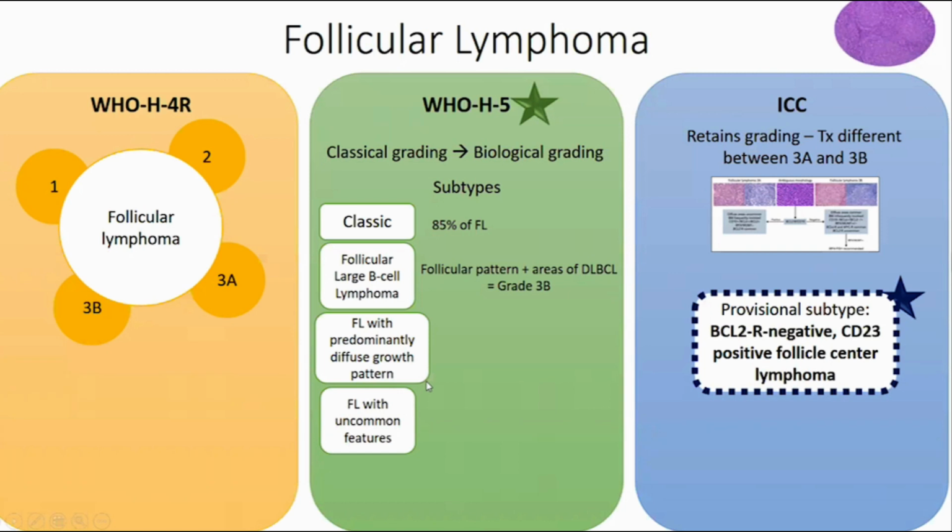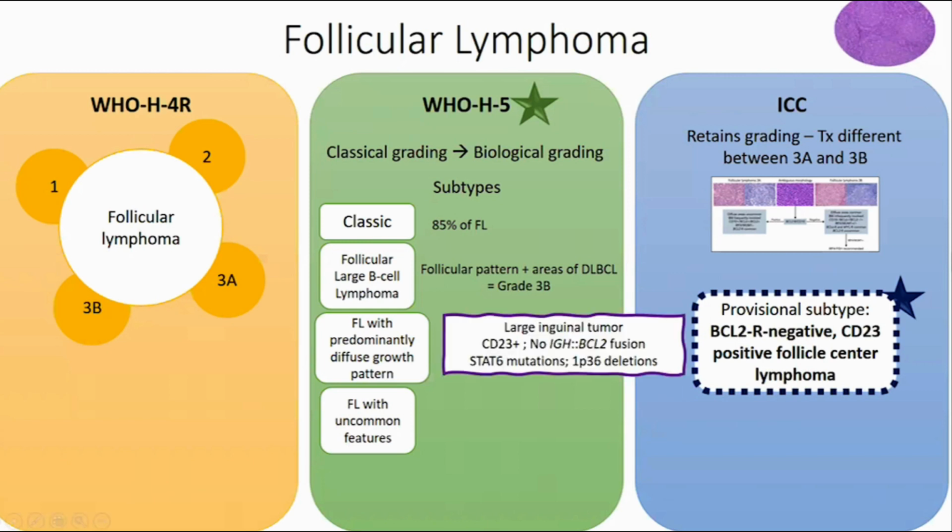Now, this growth pattern is basically synonymous to what the ICC is calling the BCL2 rearrangement negative CD23 positive follicular sentinel lymphoma. Both of these have STAT6 mutations, 1p36 deletions, and commonly are CD23 positive, as the name suggests.